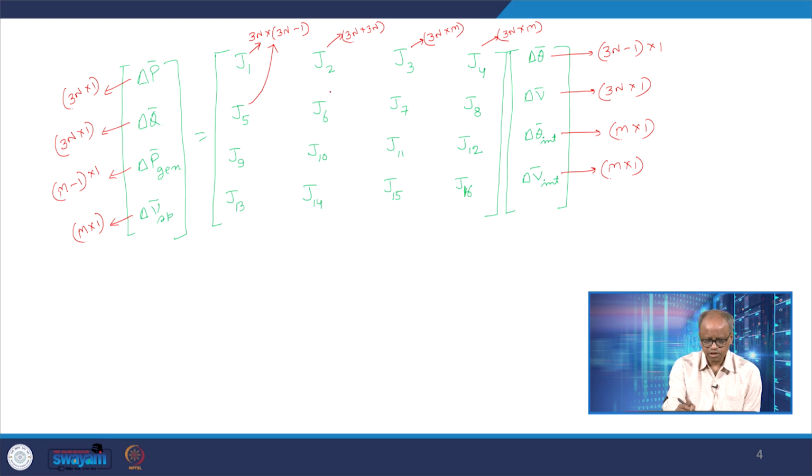So, J6 will also have the same dimension as that of J2. J7 connects delta Q with delta theta int. Delta Q has the dimension 3n, delta theta int is m. So, it will be 3n cross m, the same dimension as that of J3. Similarly, J8 would also have the same dimension as that of J4.